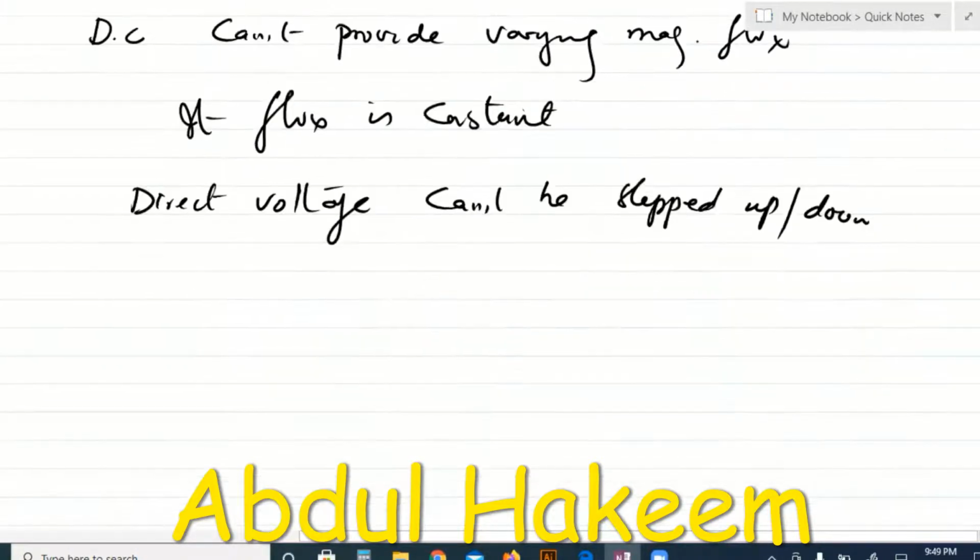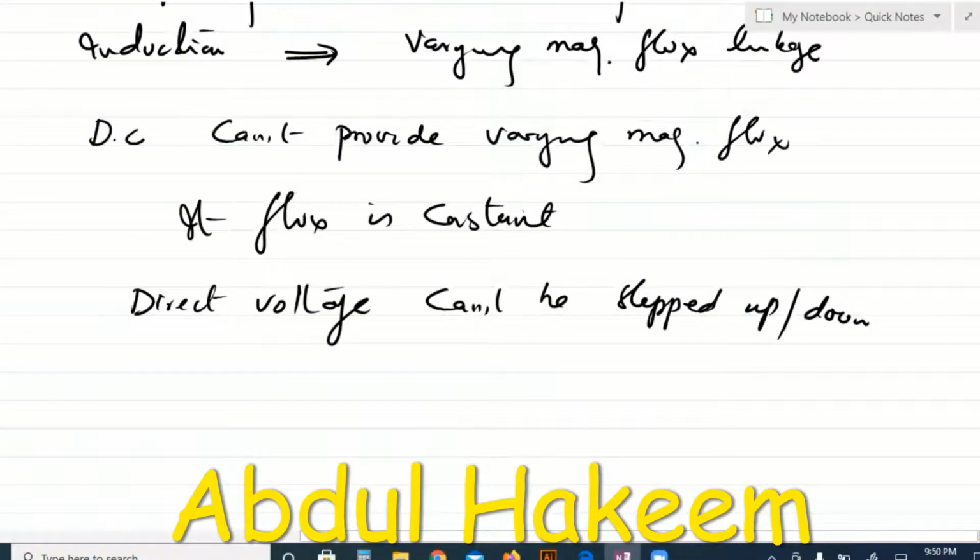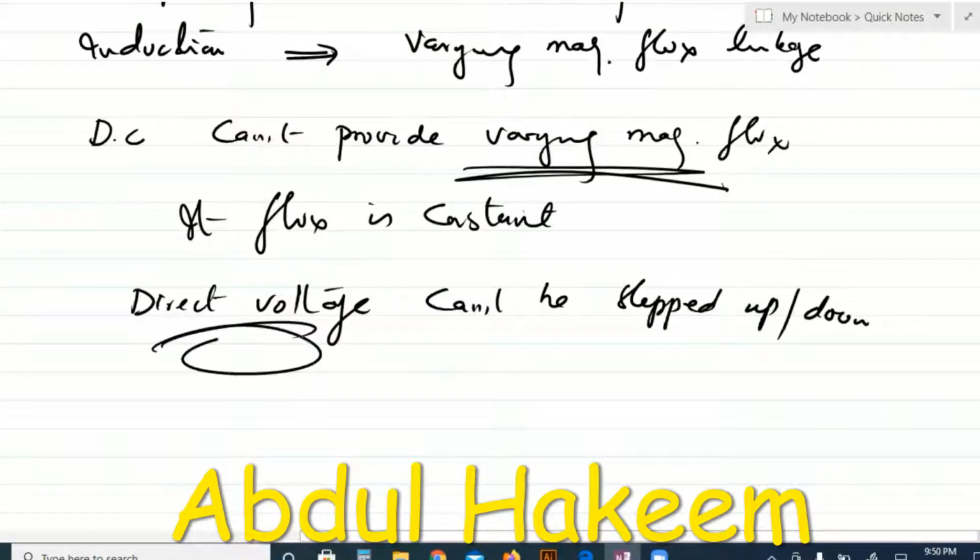We can't alter the voltage in magnitude, not high to low, not low to high. So the transformer does not work for the direct voltage, because the transformer requires varying magnetic flux and it cannot be provided by the direct current, direct voltage.